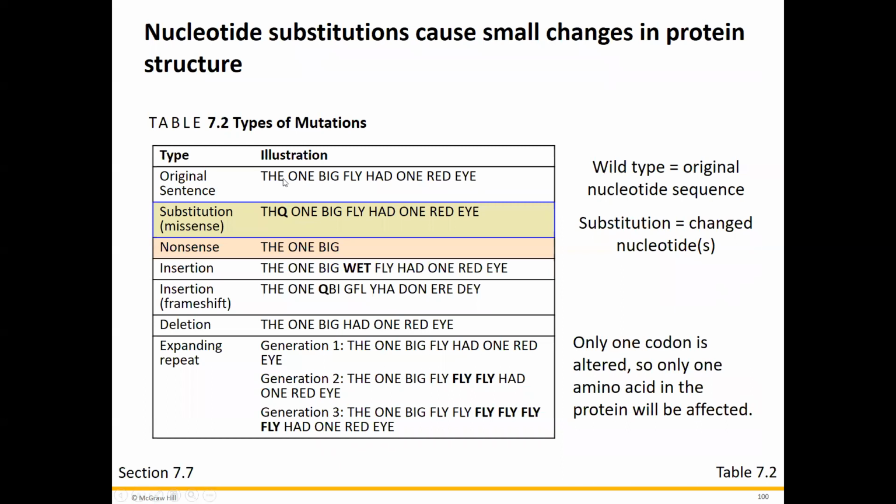If I took the letter O out, but I can only read 3 letters at a time, the O wouldn't be there, say it was deleted. I would have to read the next 3 letters. So the next 3 letters would be NEB. Then the next 3 letters is IGF.